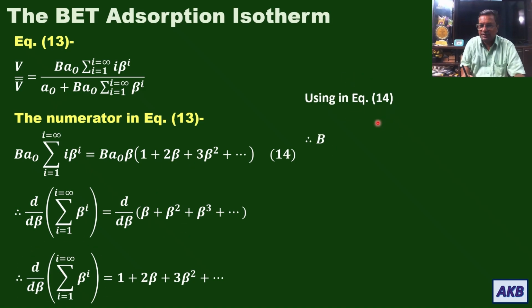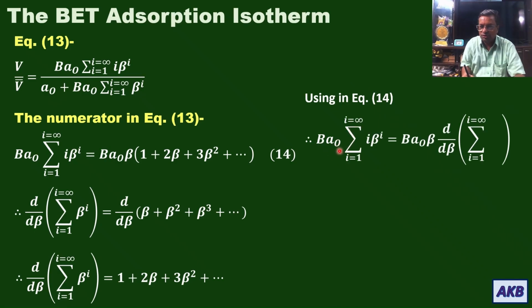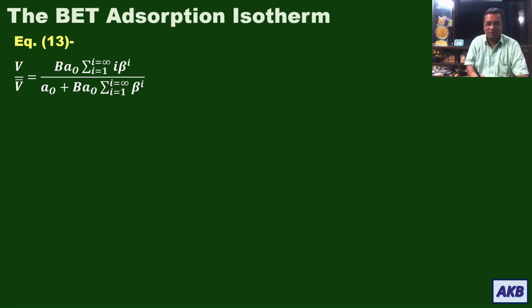If you use it in equation 14, b into a naught into summation of i beta raised to i, where i goes from 1 to infinity, will be equal to b into a naught into beta, and now this series we are replacing with the differential term that we have got. So this is d by d beta of summation of beta raised to i, where i goes from 1 to infinity.